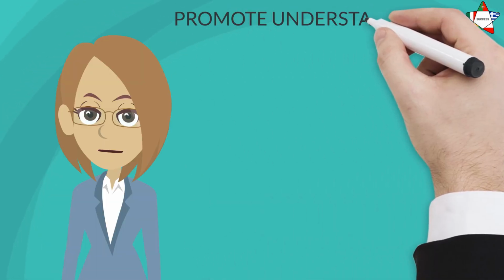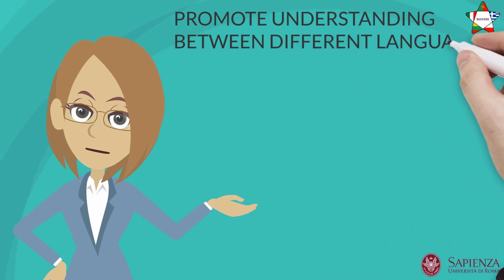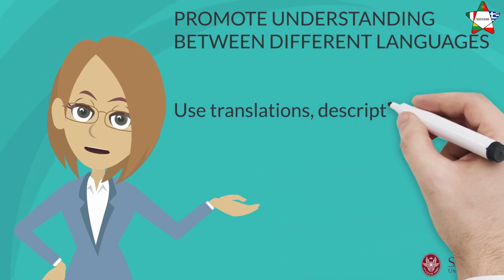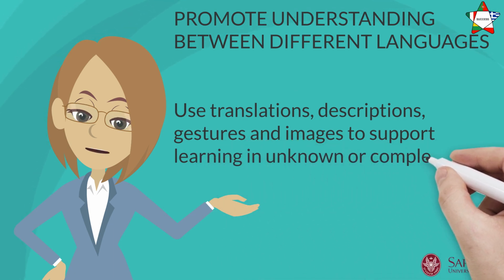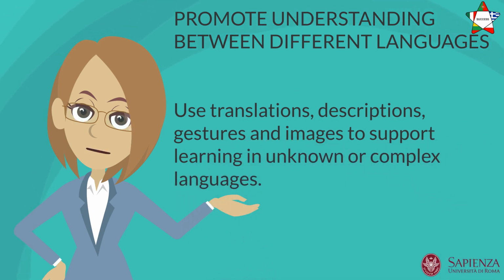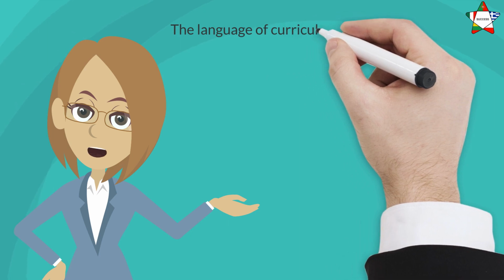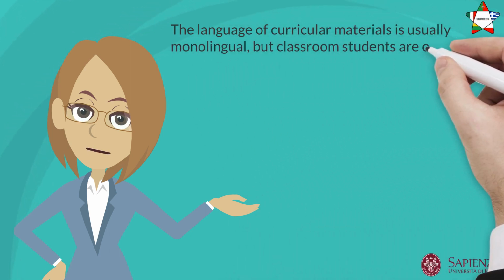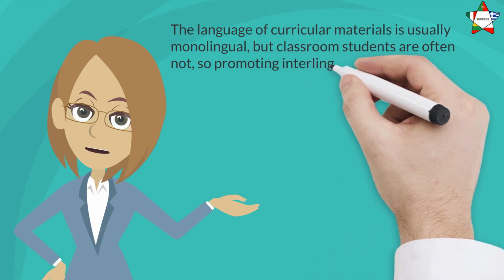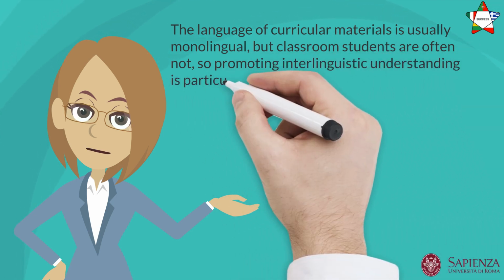Promote understanding between different languages. Use translations, descriptions, gestures, and images to support learning in unknown or complex languages. The language of curricular materials is usually monolingual, but classroom students are often not, so promoting interlinguistic understanding is particularly important.